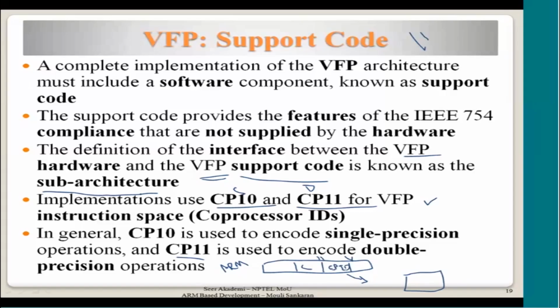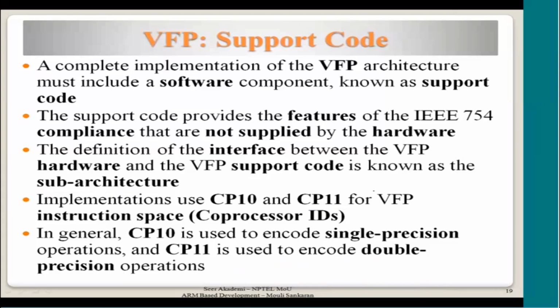The ARM processor, the assembler or the compiler generates the code for the CPID based on whether a single precision or double precision operation has to be done by the VFP. Based on that, the particular coprocessor instruction will be generated, and the VFP will look at the value of CPID and come to know whether it is supposed to do a single precision or double precision operation.